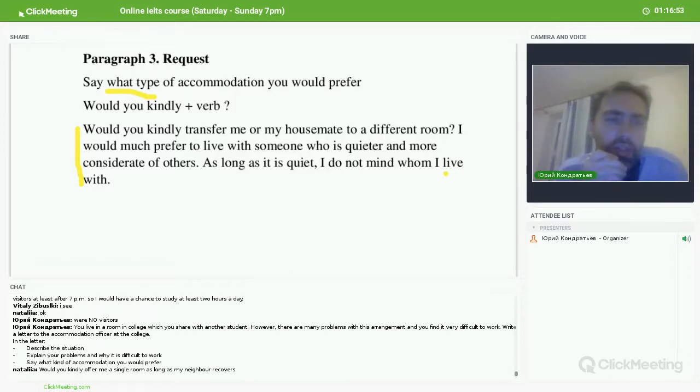Okay, would you kindly offer me a single room as long as my neighbor recovers? First of all, it's a question. You need a question mark at the end. Maybe as soon as my neighbor recovers, because it's about time and not condition.